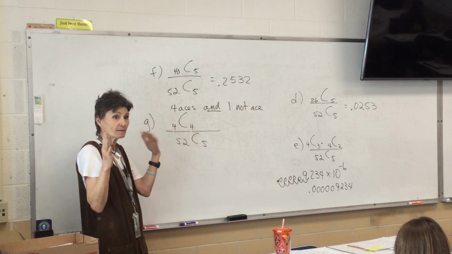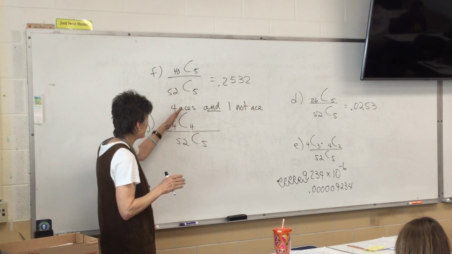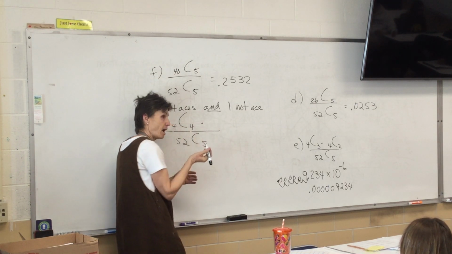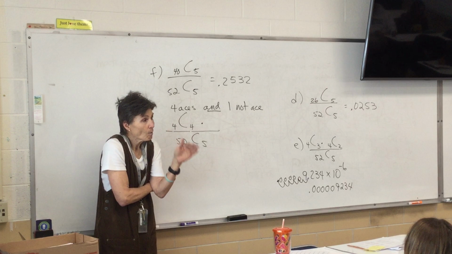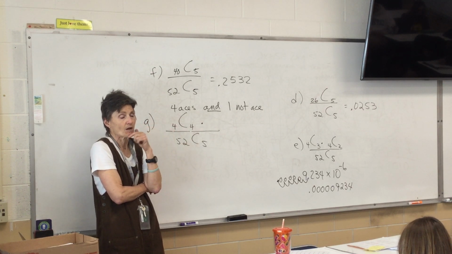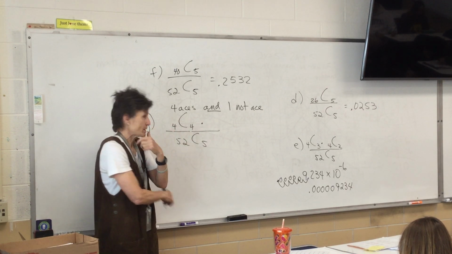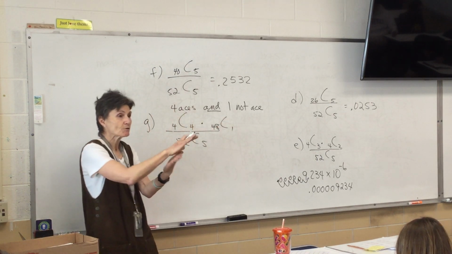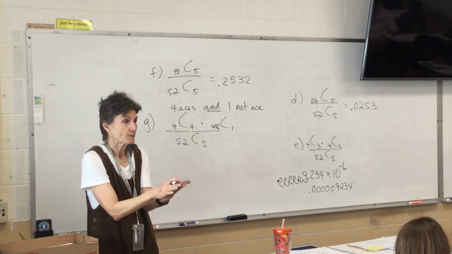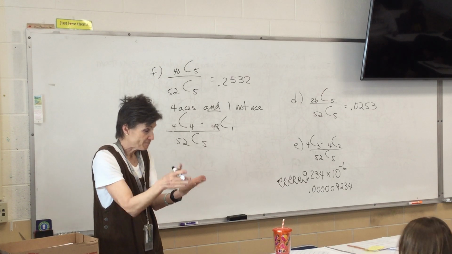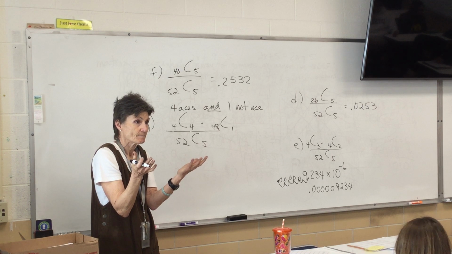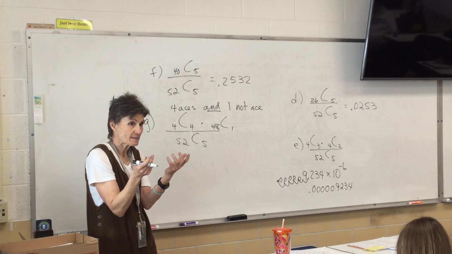Do you understand that? So 4 aces is 4C4. And means times. Now, how many not aces are in the deck? 48. And you need one of those too. To complete your 5-card hand, you need that fifth card to be something other than an ace. Does that make sense to you?